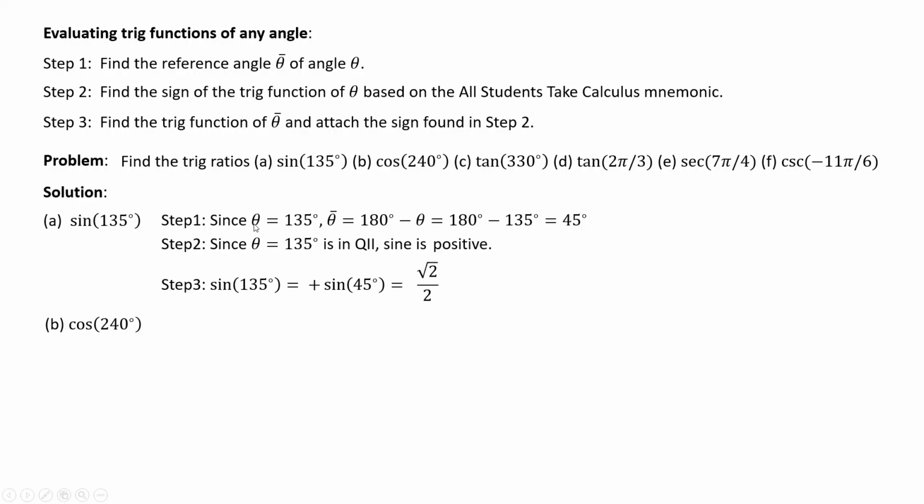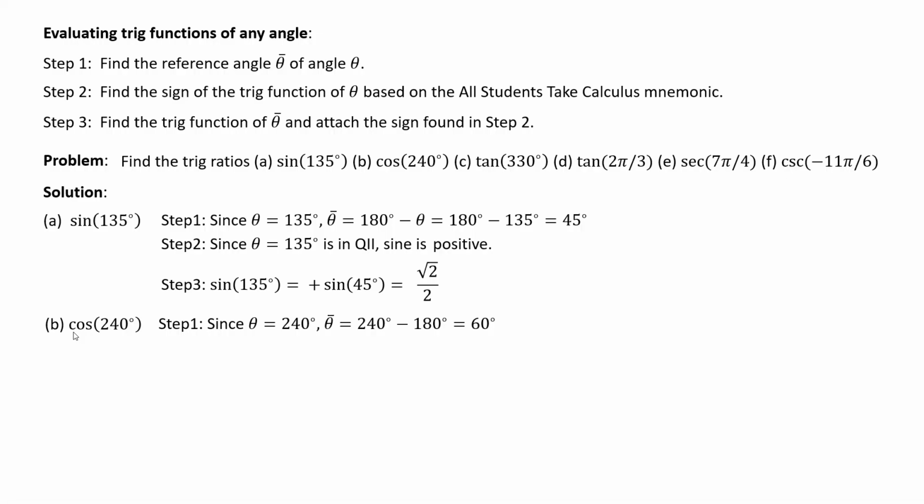Step 1. Since theta is 240, what quadrant is that? Between 180 and 270, third quadrant. Third quadrant, so we do 240 minus 180. So theta bar is 60 degrees. Step 2. What quadrant? Third quadrant. Cosine in the third quadrant. All students take tangent.